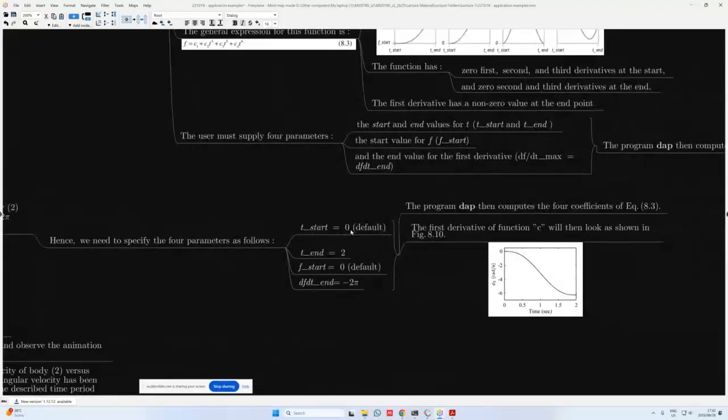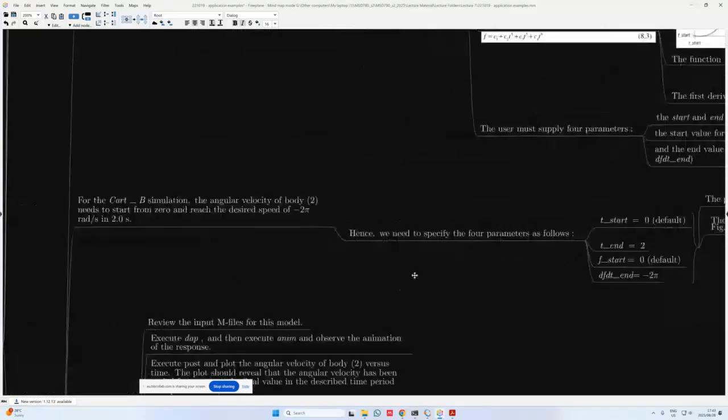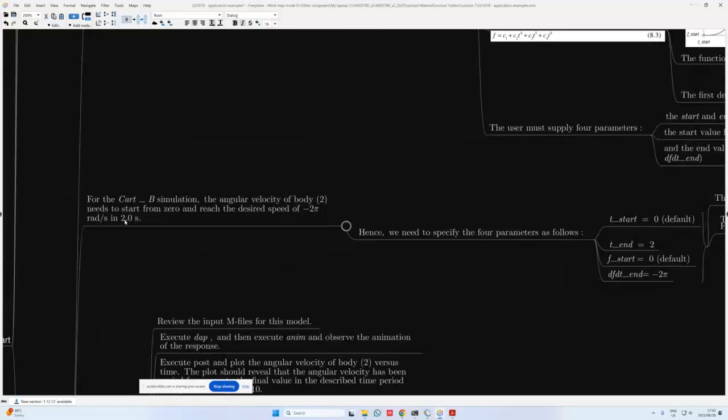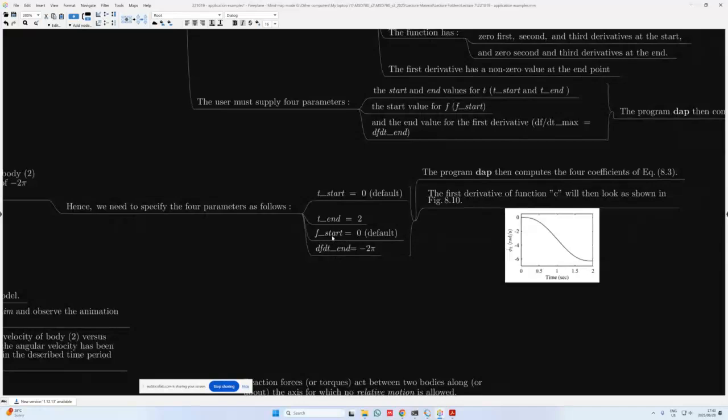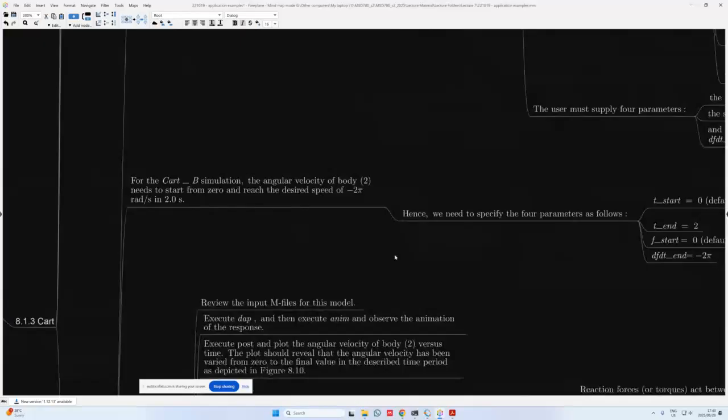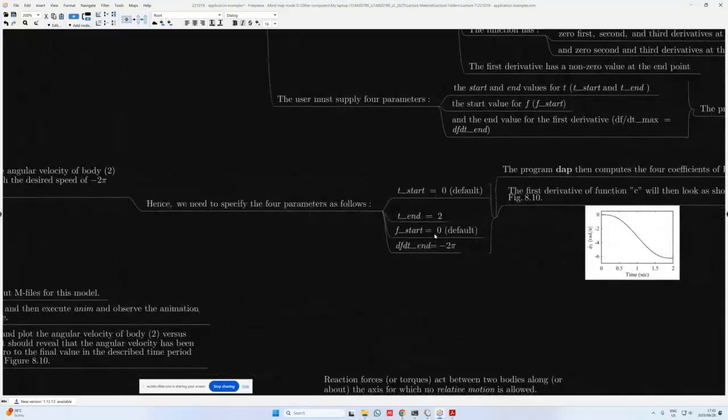We first specify t start as 0, which is in any case the default, so that's fine. We specify t end as 2 seconds, and this we simply get from the equation or the summary that is given over here. F start is then also defined as 0 because we need to raise the velocity from 0 to the desired speed of minus 2 pi, but we know that initially our function is also going to start at 0 because our initial orientation of body 2 is 0.